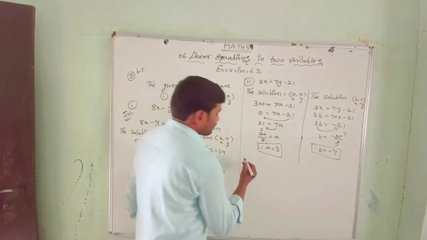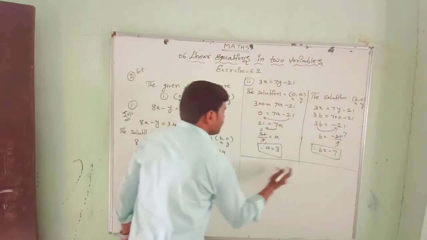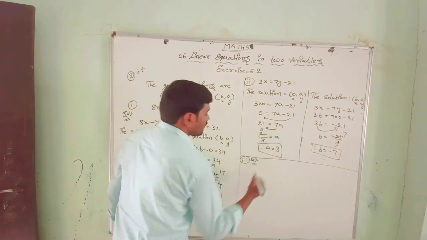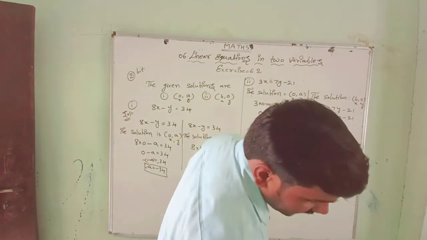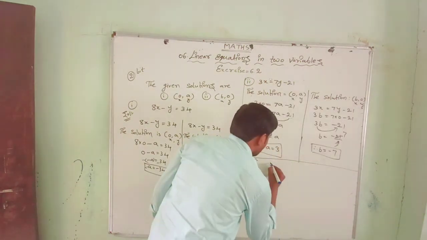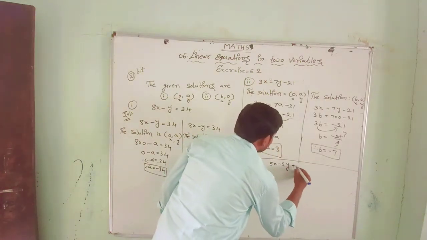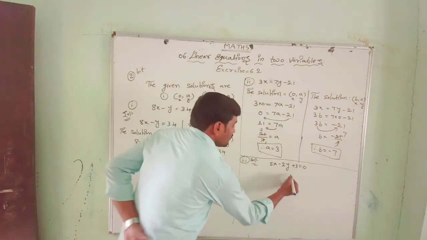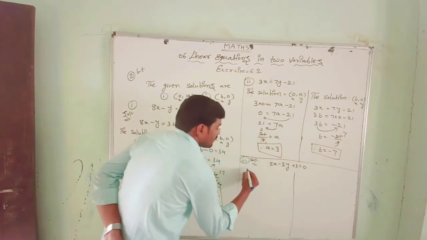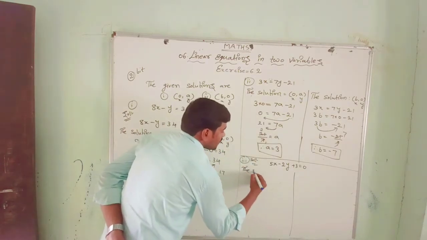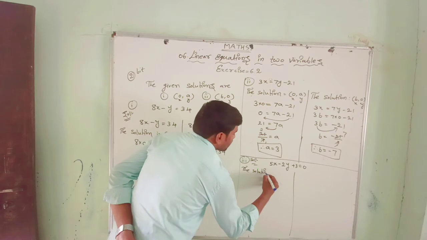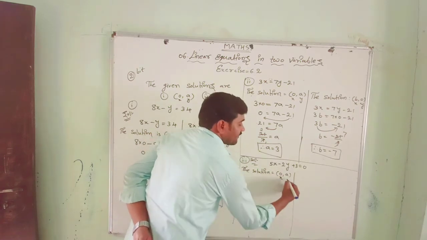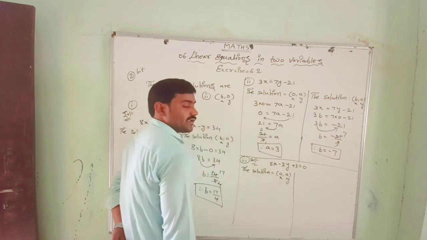In the same way, let's go for the third question. The third question is 5x minus 2y plus 3 equal to 0. We have to find the solutions. Here the given solution is 0 comma a, where 0 is the x value and a is the y value.